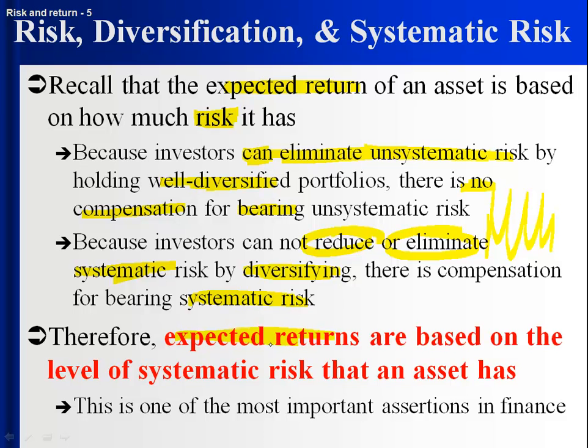Expected returns are based on risk, but more particularly are based on the level of systematic risk that an asset has. So an asset is bouncing around for two reasons, systematic risk and unsystematic risk, but the only thing that matters with respect to expected returns is systematic risk. That's the risk that matters with respect to expected returns.